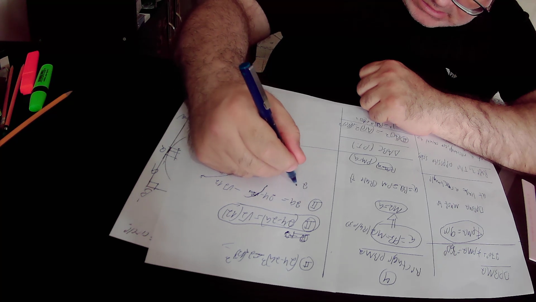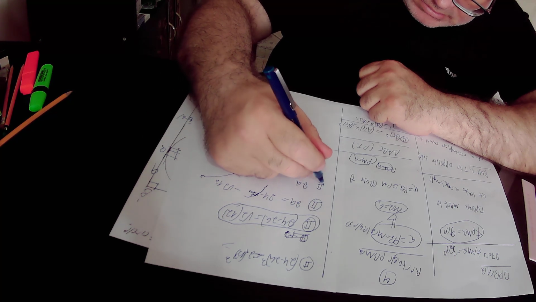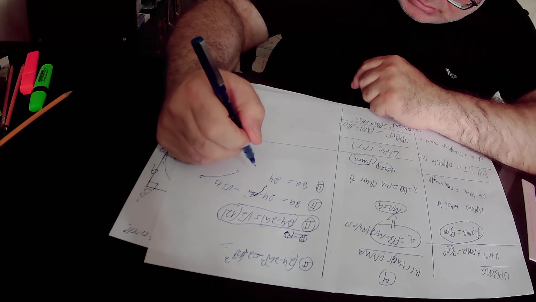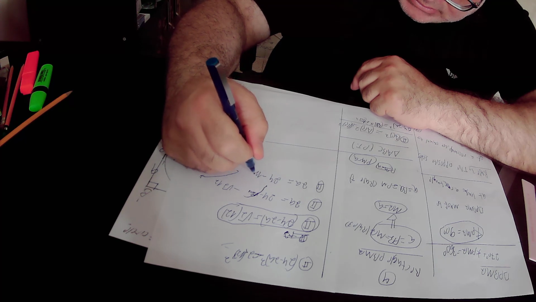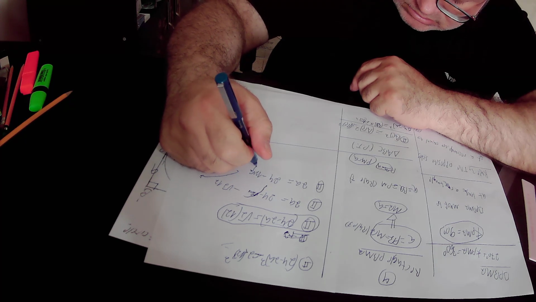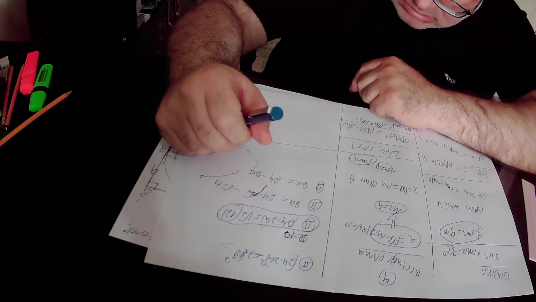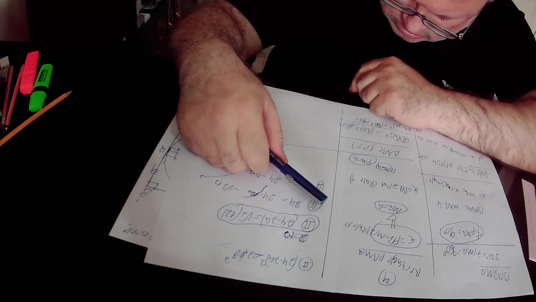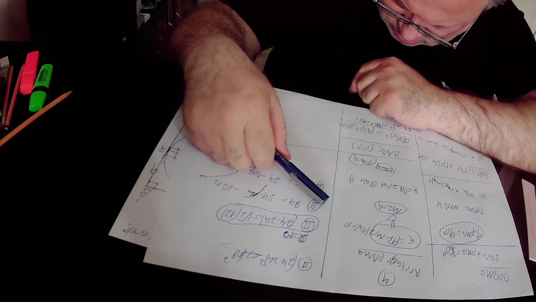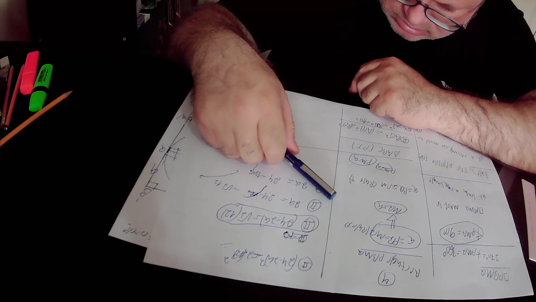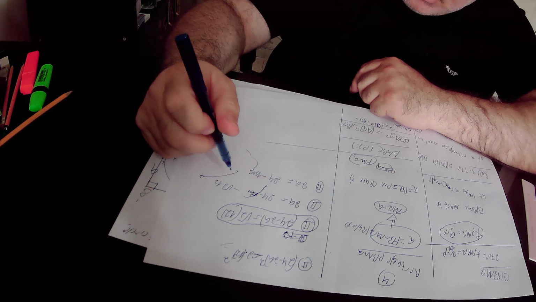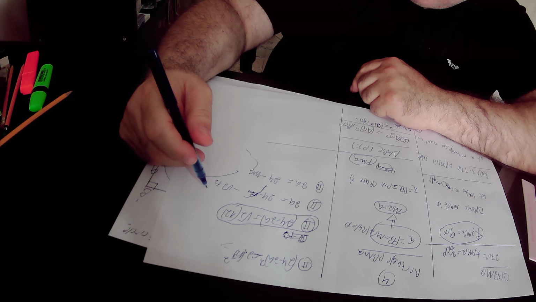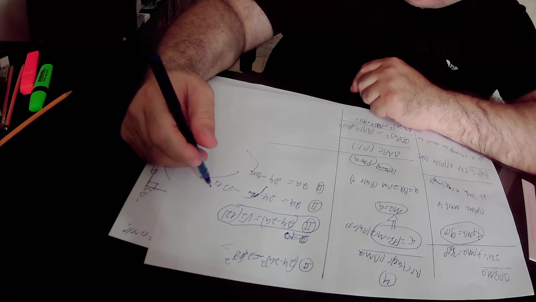Again, 2a, according to equation number 2, equals 24 minus 12 times the square root of 2.